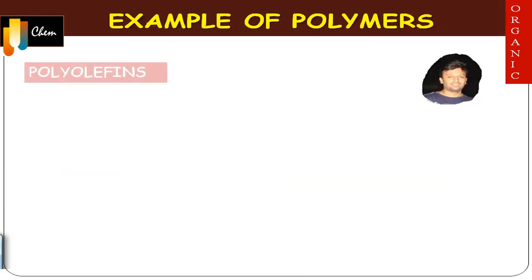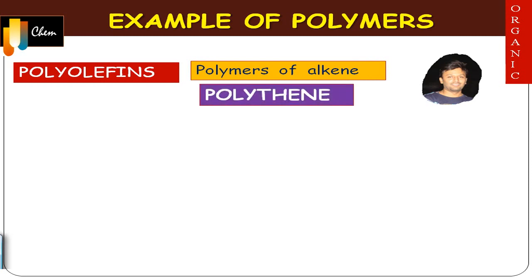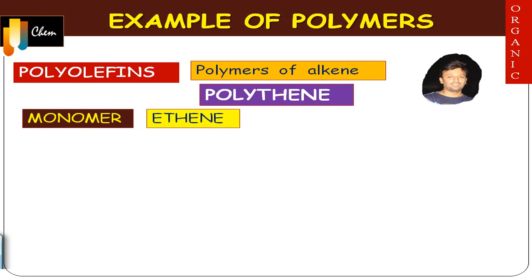Let's take a few examples. First of all, polyolefins. Polyolefins are the polymers of alkenes. In this category, the first example is polythene. The monomer of polythene is ethene.